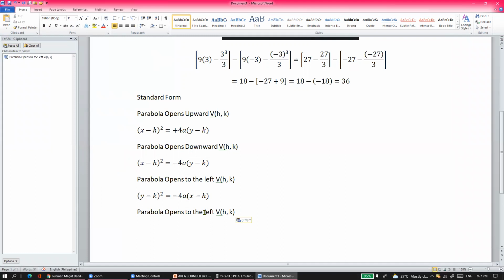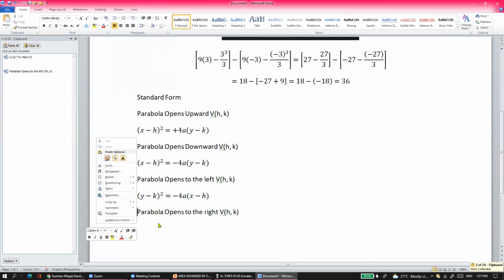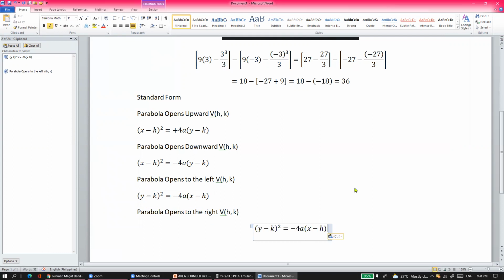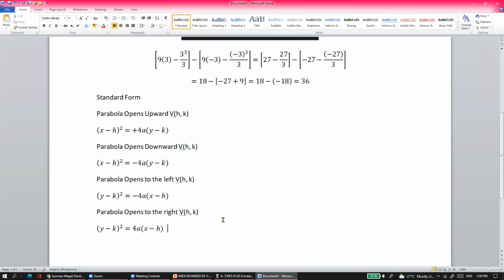If it is to the right, babaguhin ko lang yung sign, magiging positive. And that's it. Klaro pa ba? Yes po. Okay, so ito yung mga formulas natin.